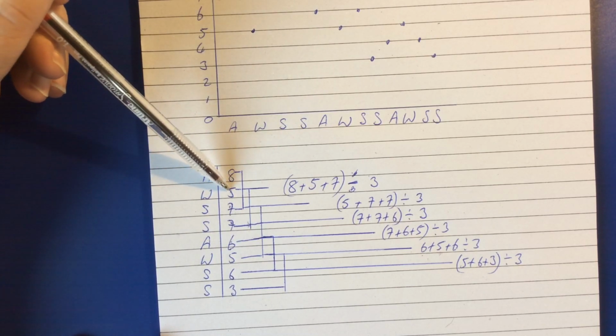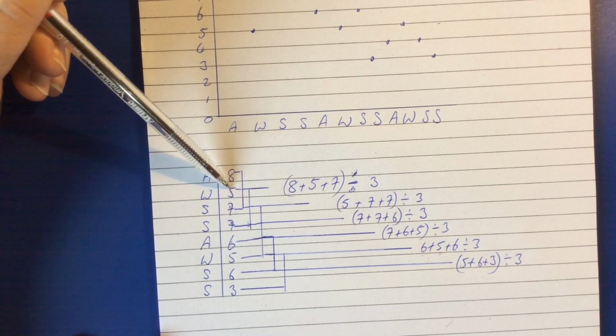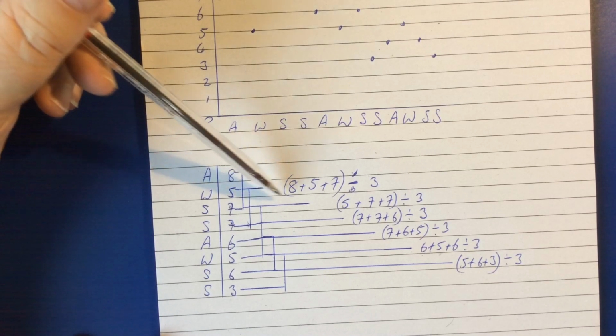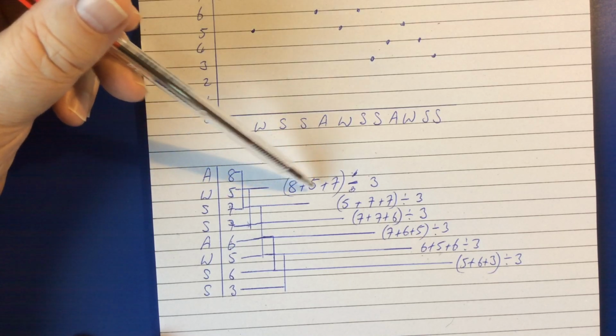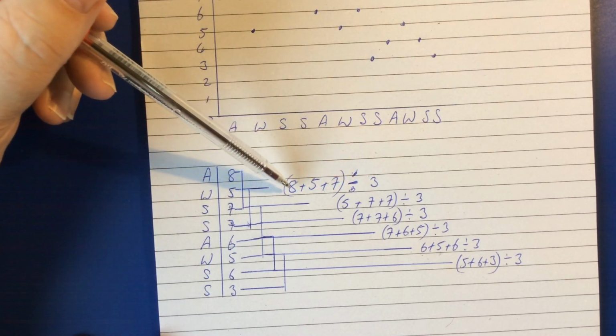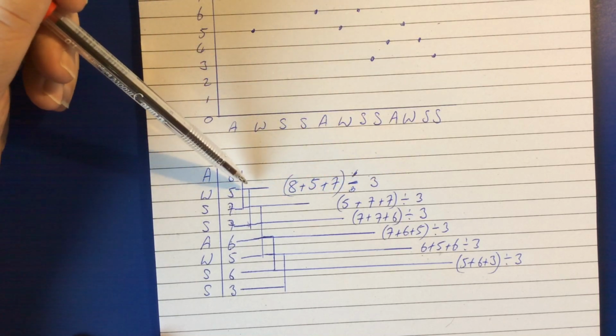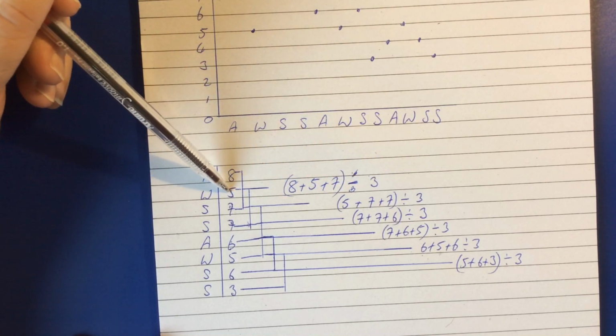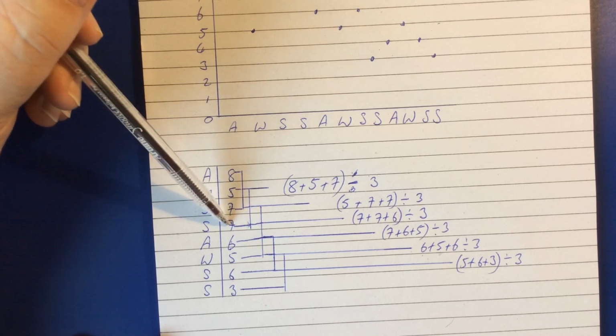I link the first 3 pieces of data, and I put a line out here, and I add them up and divide by 3, which gives me my mean, and we'll get to that in a minute. Then I move along 1 piece of data, and I do the same.